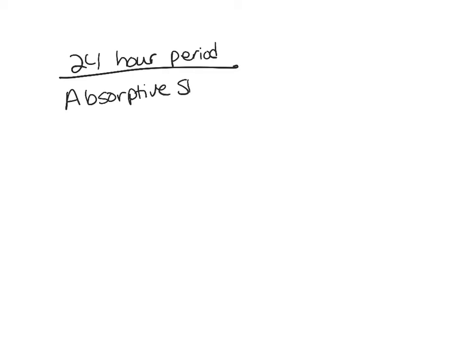Let's talk about a 24-hour period in your day. Within a 24-hour period, you have an absorptive state and you have a post-absorptive state. The absorptive state, like the name implies, you're absorbing nutrients. This state follows a meal, and your cells absorb the nutrients.